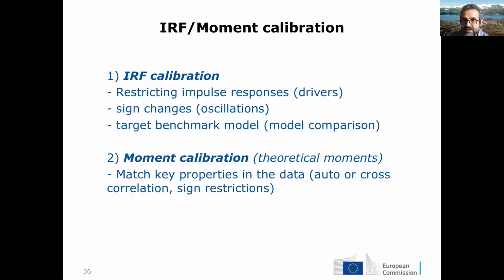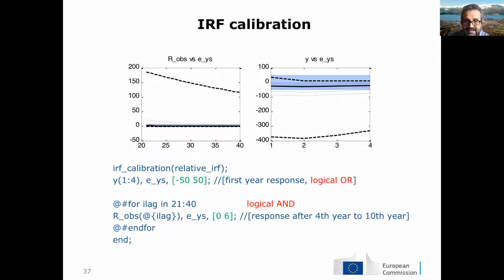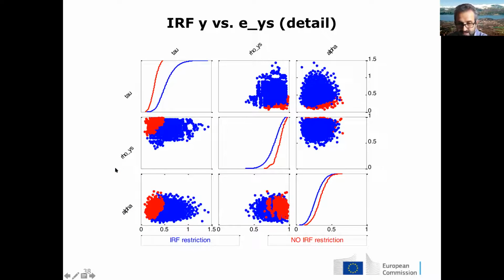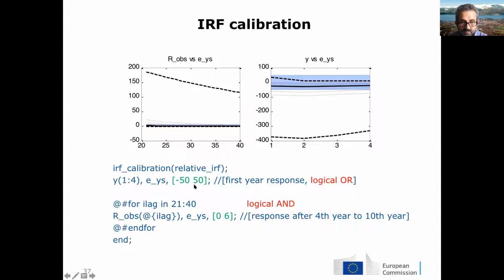So we can trigger this to add an extra block to the Dynare code. You can add an IRF calibration block where you might or might not want relative IRF.